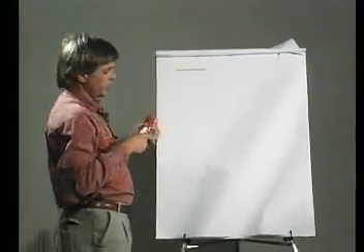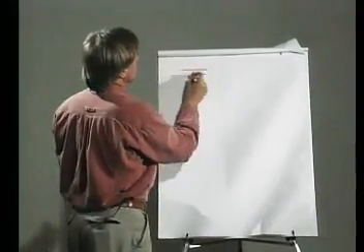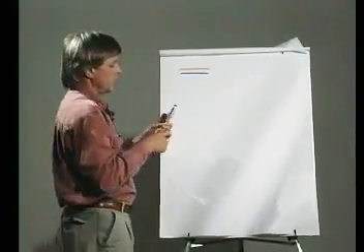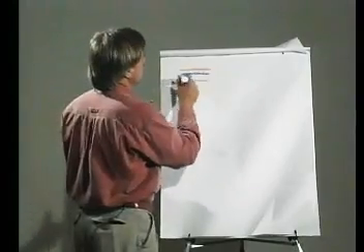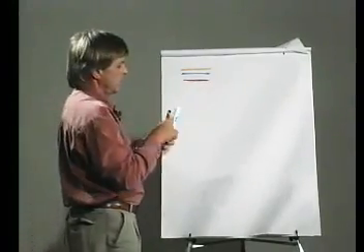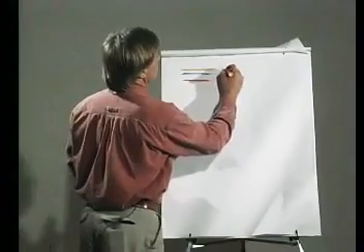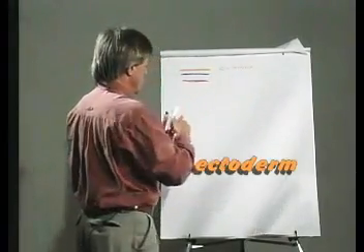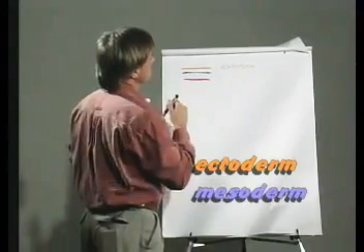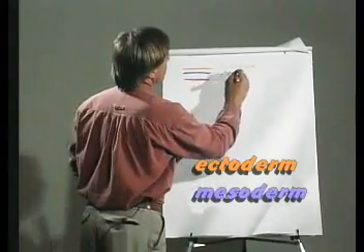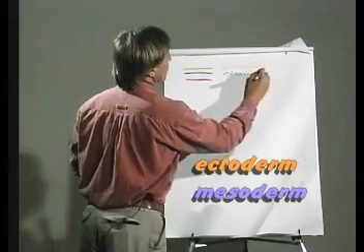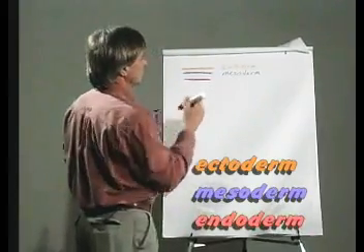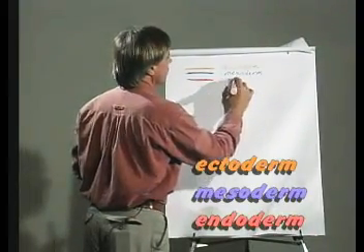A layer on the top, a layer in the middle, and a layer on the bottom. And these are called, they're obviously touching each other, the ectoderm, the mesoderm, and the endoderm.